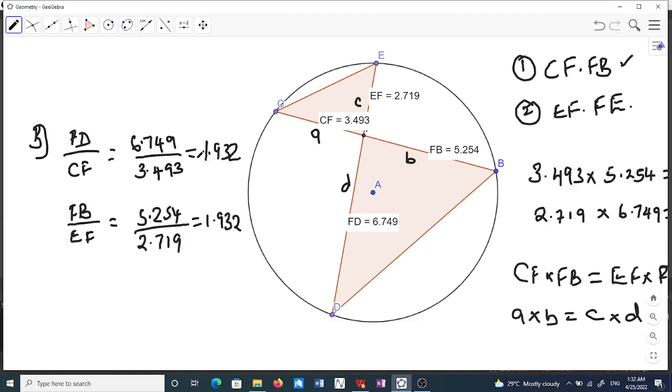What can you say about these particular ratios? Now what I'm getting from these ratios is that the first one here is D over A, which gives you 1.932. If you find the relationship B over C, you get 1.932. What does it tell you? Now this is the concept of linear scale factor.